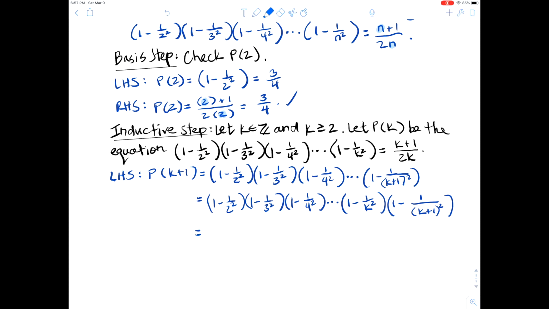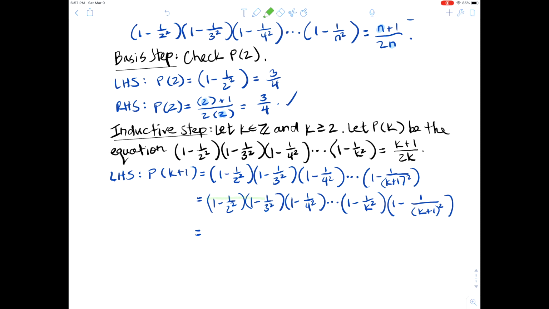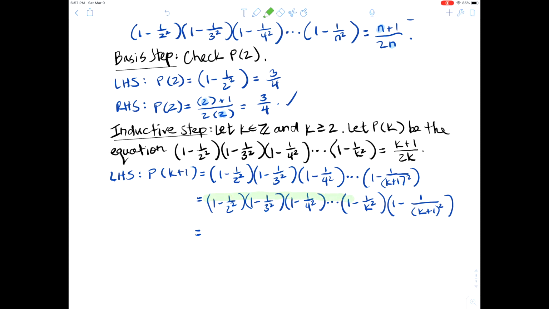All right, so what is all of this going to equal? Good, it's going to be P(k), right? So we'll have P(k) times (1 minus 1 over (k plus 1), the quantity squared).